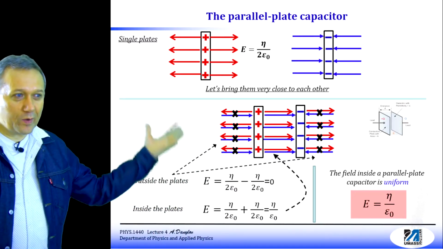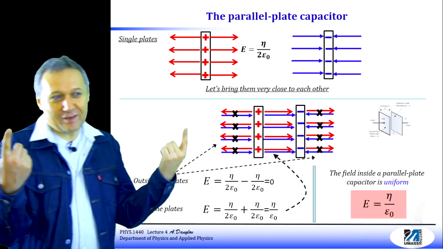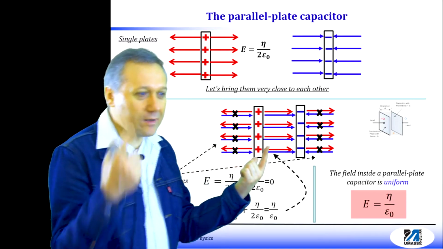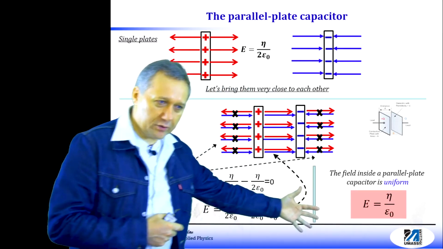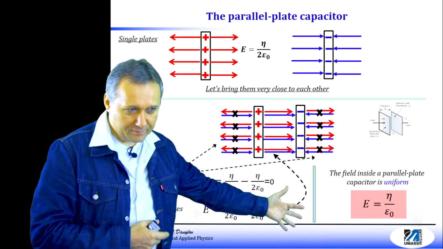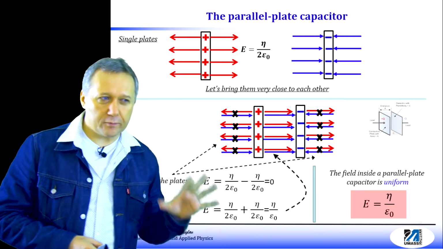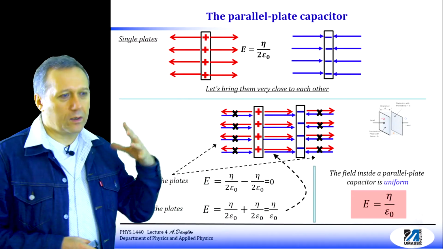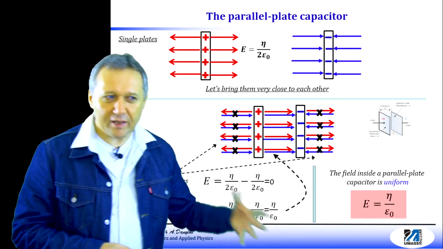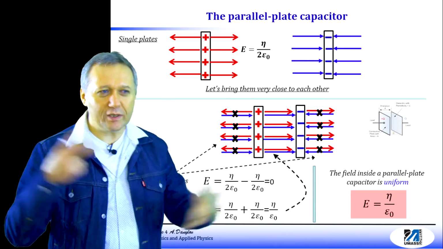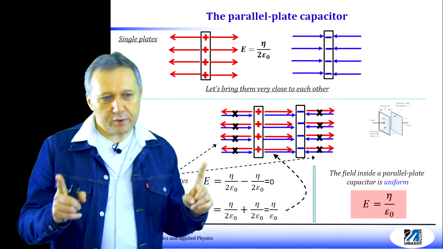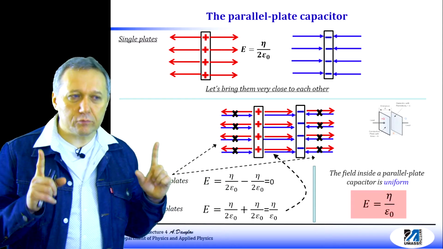Okay, so now we have two systems which can give us uniform electric fields: either an infinitely large charged surface or a parallel plate capacitor. Guys, be careful, because I remember letters from students asking why they're not getting the correct answer. Sometimes students by mistake use wrong formulas.